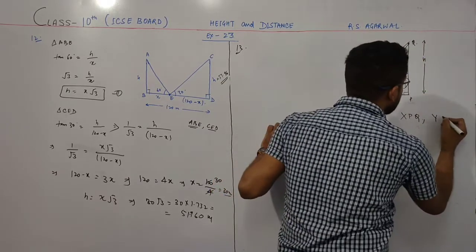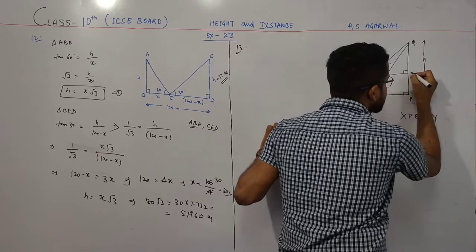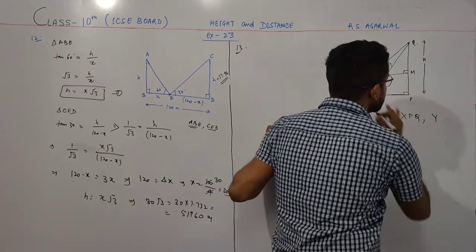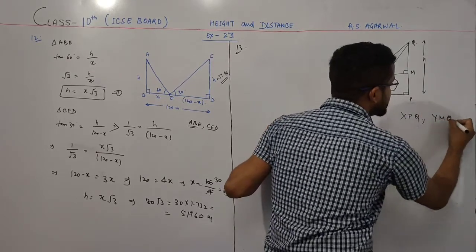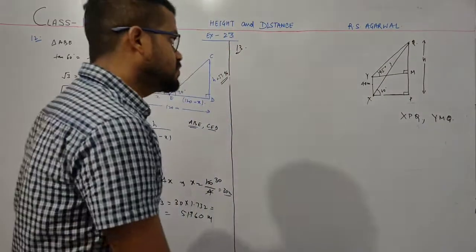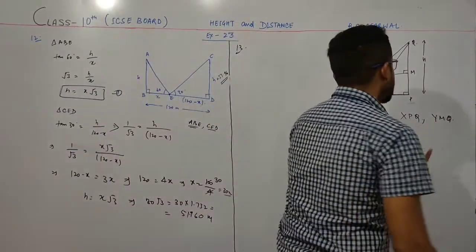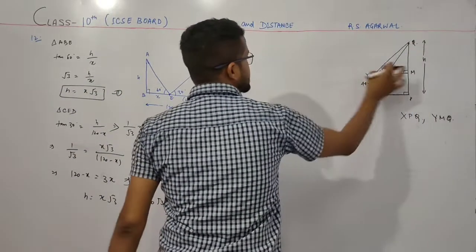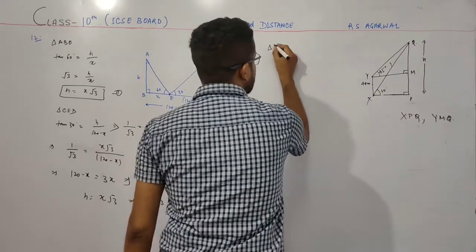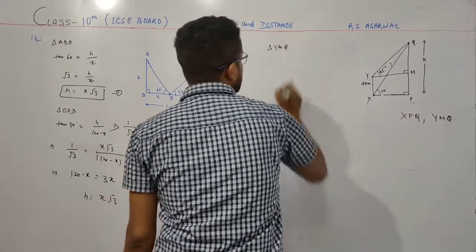If I take this point as M, it is YMQ. We use both triangles. Firstly, I use triangle YMQ.